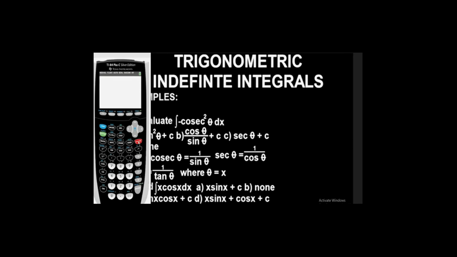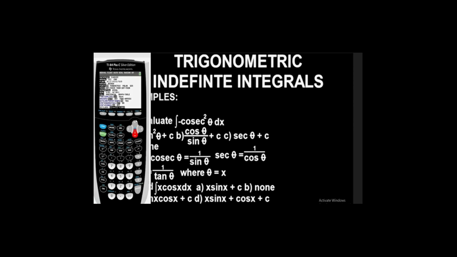Okay, so the next thing you're going to ensure to do will be to put the calculator in radian mode. By default, this TI-84 plus used to be in radian mode, but if yours isn't in radian mode, perhaps it is in degree, all you have to do to switch it to radian mode is to press this mode button, then scroll down with this navigation button. So once you get here, you see radian, and at the right you will see degree.